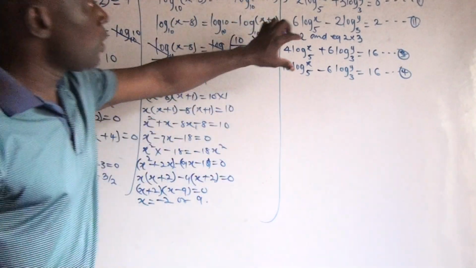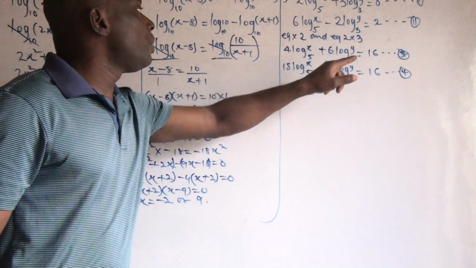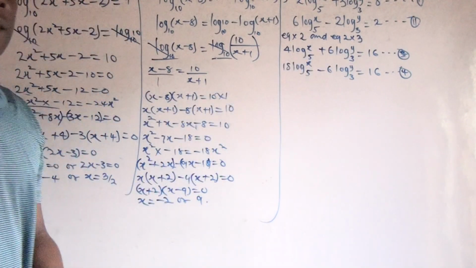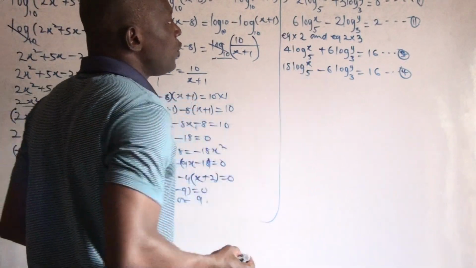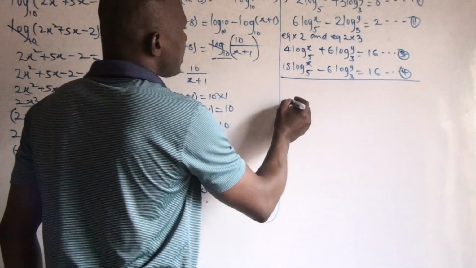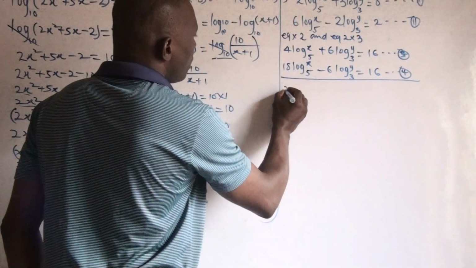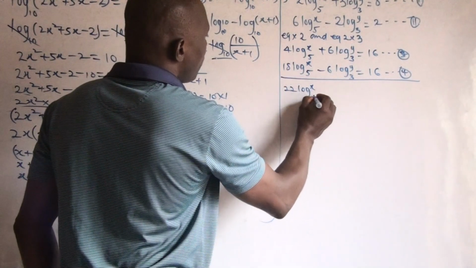Then looking at this, the coefficients of log y to base 3 in both equations are now the same. Looking at the sign here, this is plus, this is minus. All you need to do is to add here. So if we add this to this, it will give us 22 log x base 5.